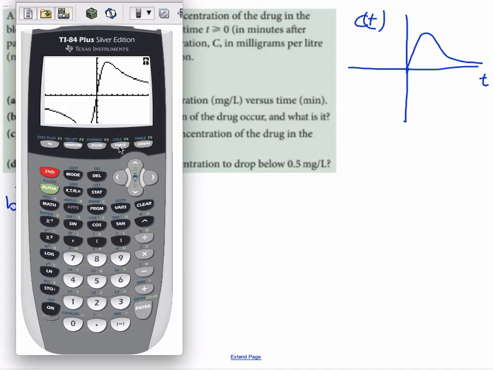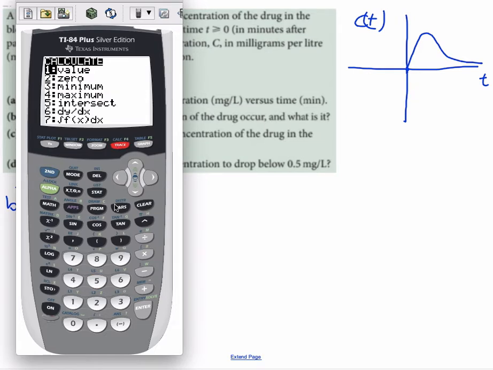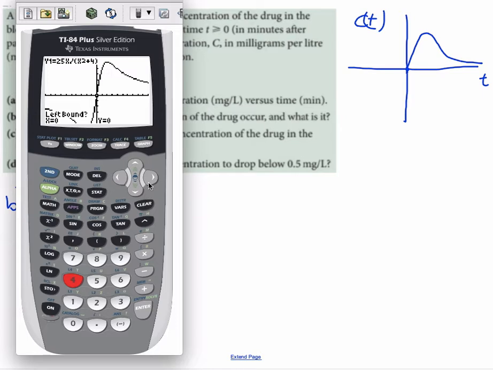On the graph, we can do second calc, intersect, or sorry, that's not right. We want to find the maximum. So that's number 4. Go to the left, go to the right, and okay, so there it goes.